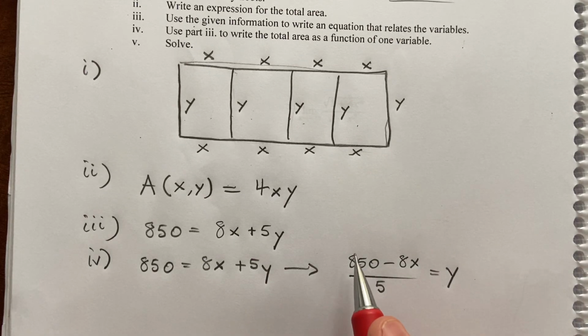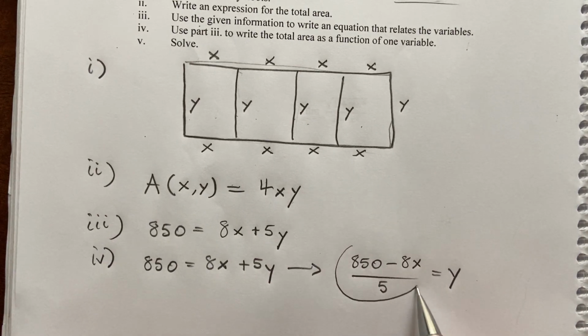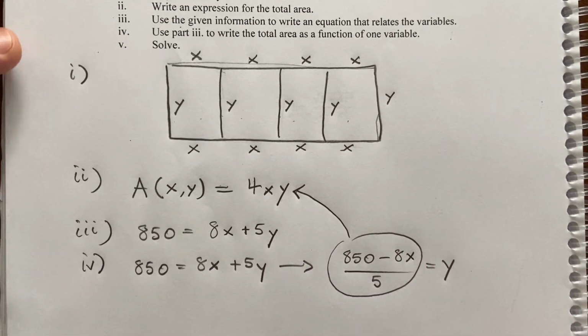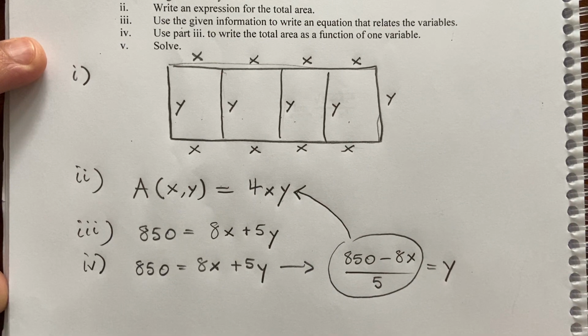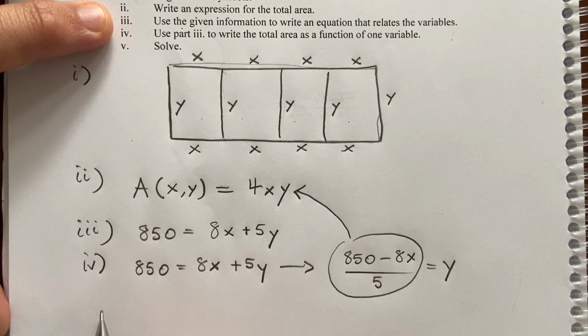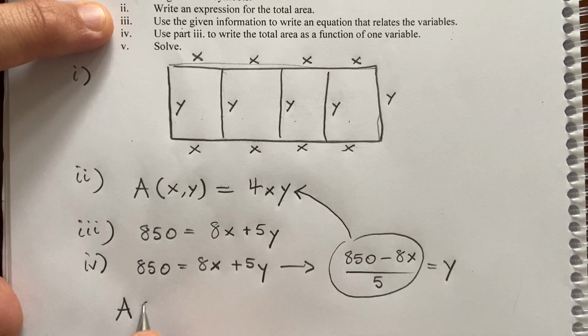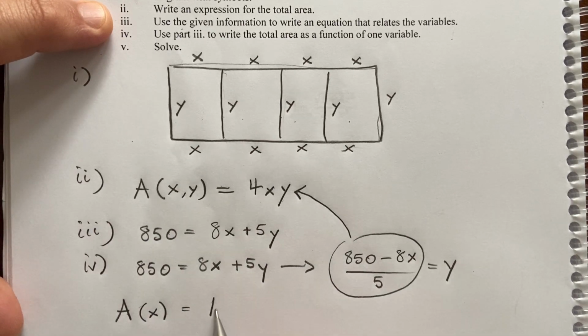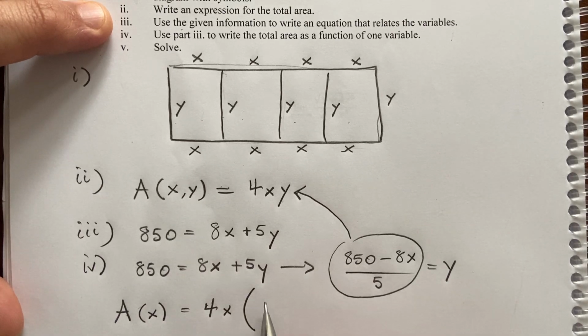And then what I can do is take this and replace y with it. Okay, so to have that, I'll have now the area just as a function of x would equal 4x times 850 minus 8x over 5.